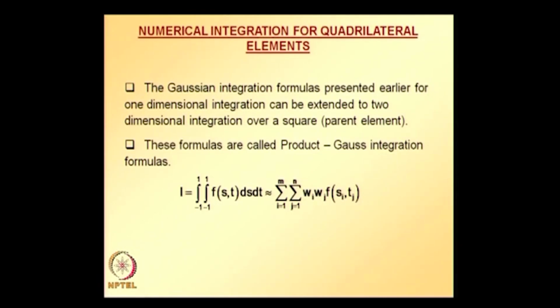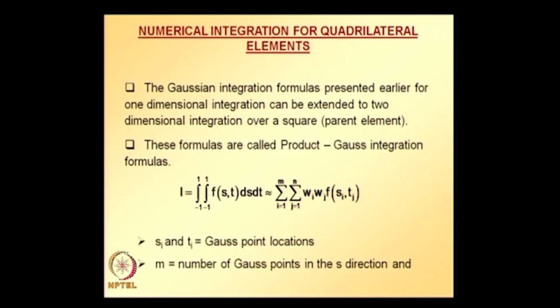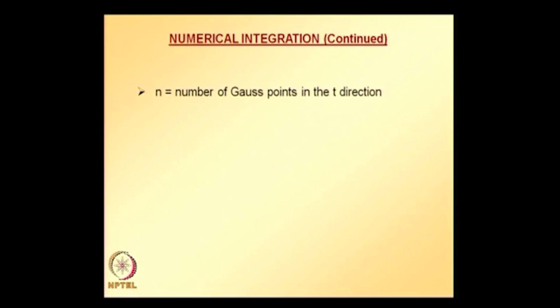We are going to get an approximation of the integral I. So, here Si and Tj are the Gauss point locations, m number of Gauss points in the S direction, n number of Gauss points in the T direction, and Wi, Wj are the Gauss weights in the S and T directions.